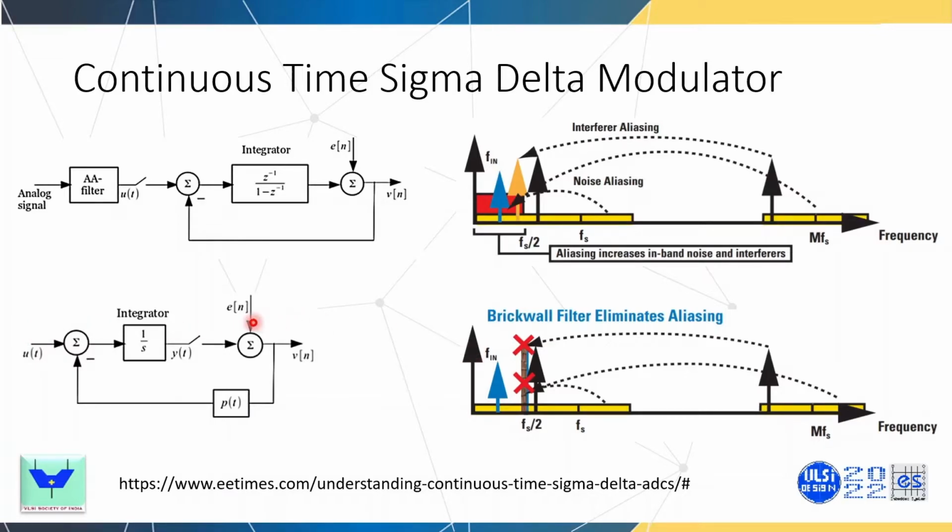That's one of the big advantages, because the loop itself is acting like a low pass filter, so we don't have any foldback because of the sampler. And secondly, it's a continuous time system, not discrete time, so you don't have any clocks and switching happening, so it's more power efficient also. That's why the continuous time sigma delta modulator is an attractive candidate.